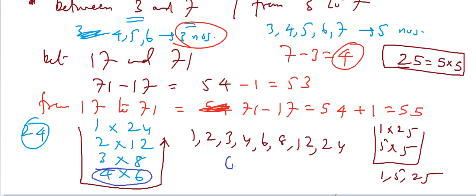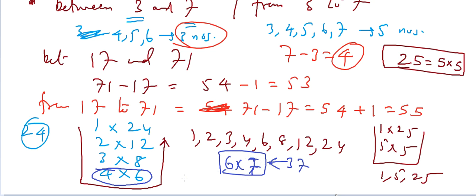So 6 into 7 gives a number which is more than the number 37, which we want to check whether it's a prime or not, correct? So what is the bigger number here, 7. So you just find all the prime numbers less than or equal to 7.